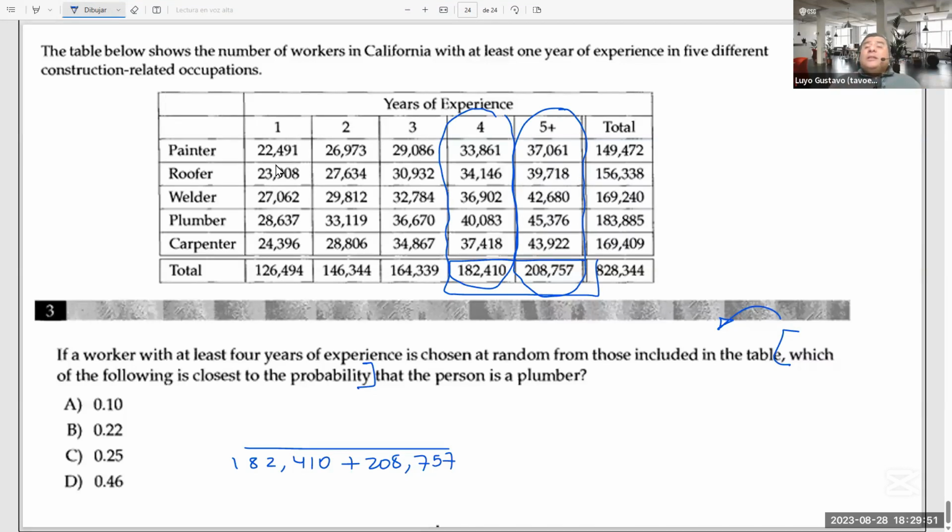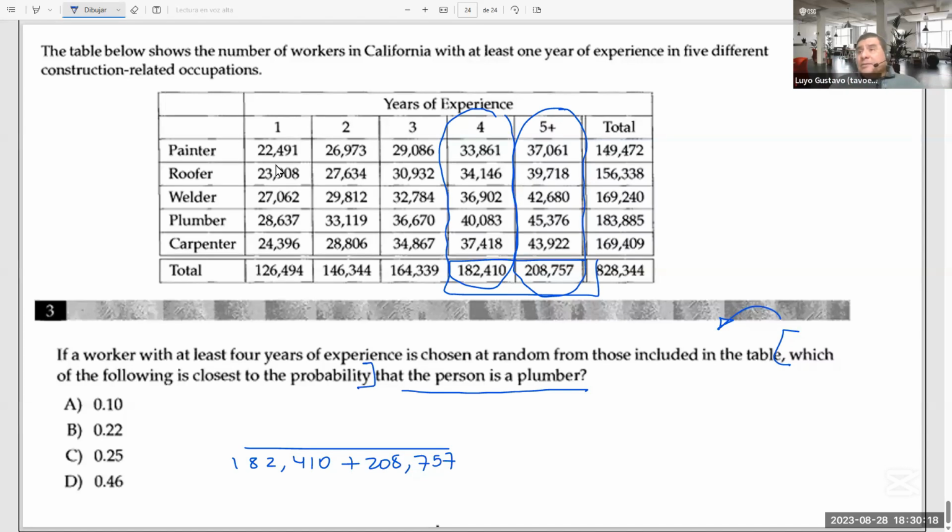And what would be our target group? What are we expecting to obtain? If we pick at random that the person is a plumber, among all those people in the denominator, we expect to get a plumber. Who are plumbers among those people with 4 or more years of experience?